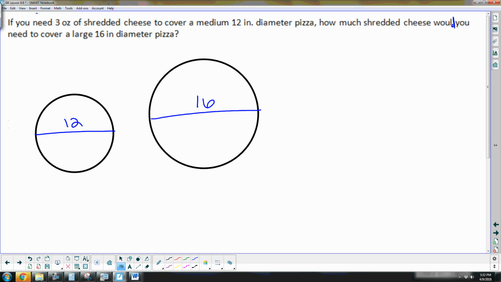So we know that the ratio between radii and area is the ratio of radii squared. Here our radius is 6, here our radius is 8.